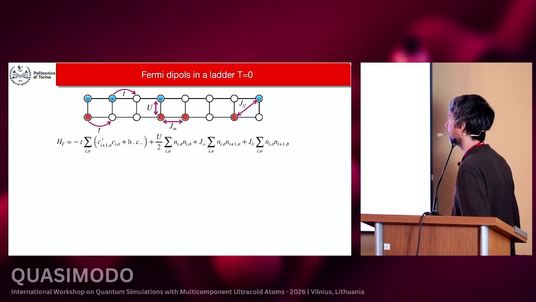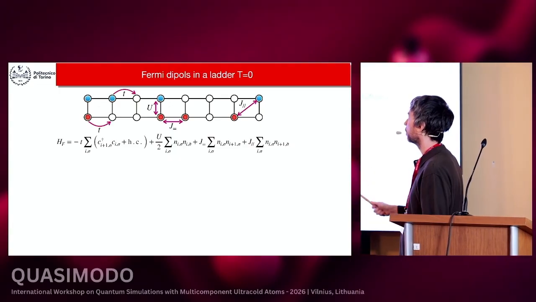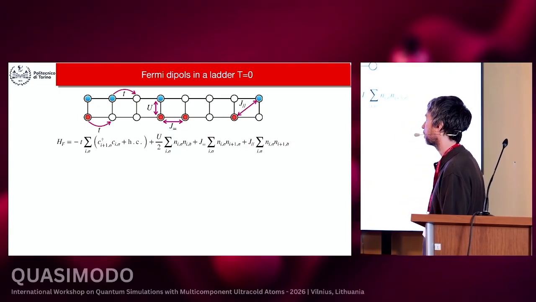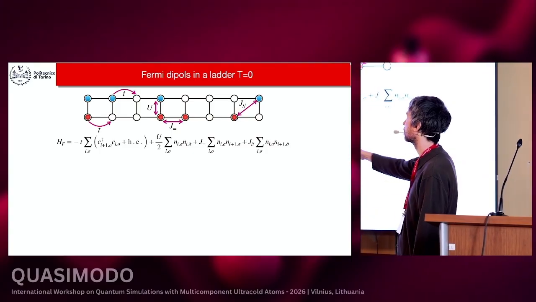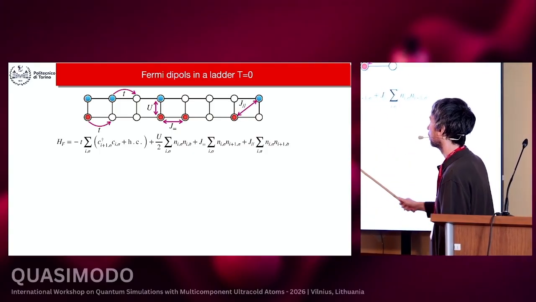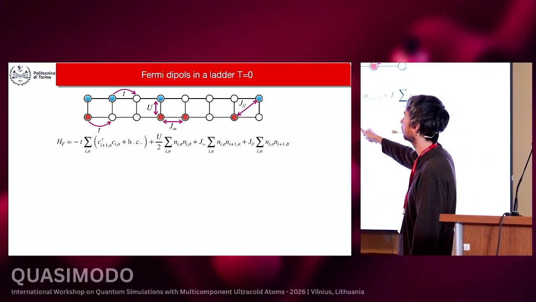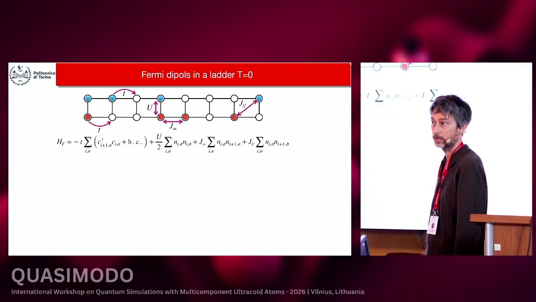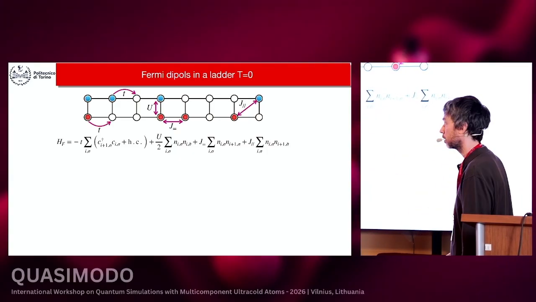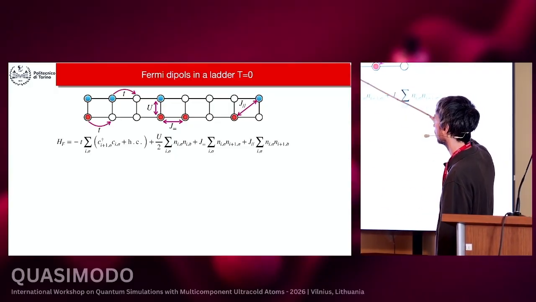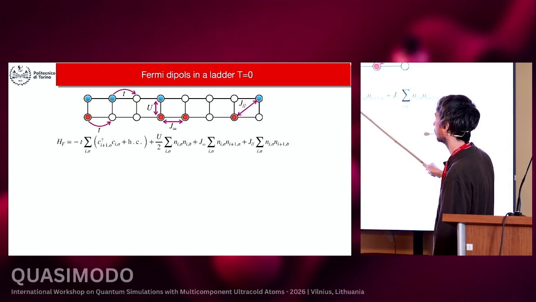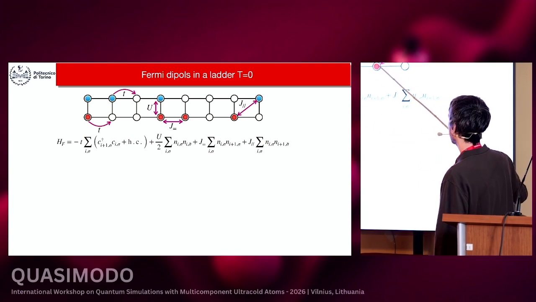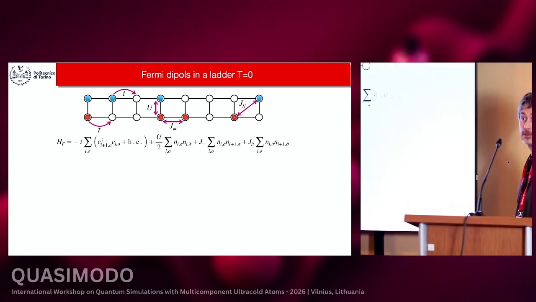Again, we want to consider fermionic magnetic atoms trapped in this two-leg system, where we have tunneling in the horizontal direction, but no tunneling along the vertical direction. Then the dipolar interaction is long range, clearly, so we have to consider the repulsion when two particles are sitting on the same rung, then the horizontal interaction, and also diagonal interactions, okay?